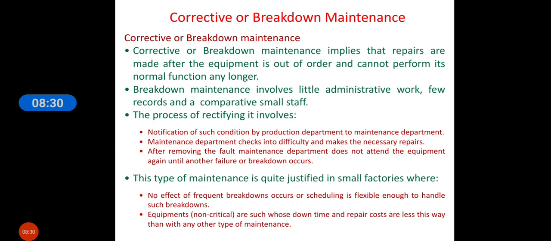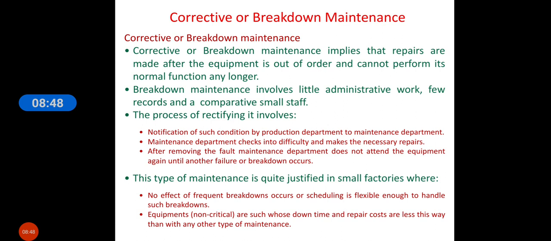Then maintenance department check into difficulties and make it necessary repair, and after removing all the fault, maintenance department does not attend the equipment again until another failure or breakdown occur.